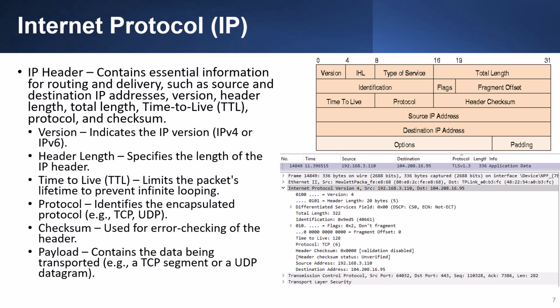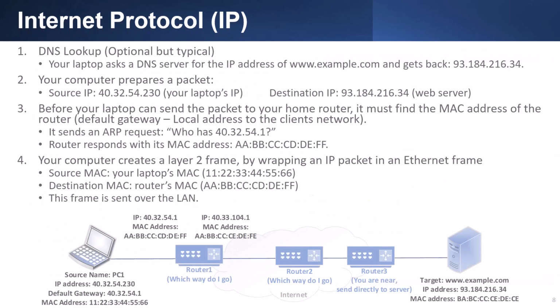Time to live, or TTL, limits the packet lifetime to prevent infinite looping. Protocol identifies the encapsulated protocol, such as TCP or UDP. Checksum is used for error checking of the header. And the payload contains the data being transported, such as a TCP segment or a UDP datagram.